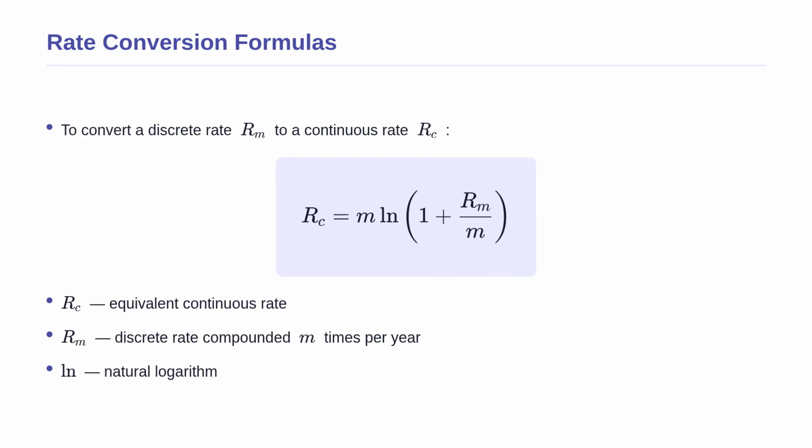Here, the symbol ln stands for the natural logarithm, which is the inverse mathematical operation of the exponential function e. By plugging in the discrete rate and the compounding frequency m, we can find the exact continuous rate that would yield the same amount of money. As the continuous rate increases, the equivalent discrete rate must also increase to keep pace.